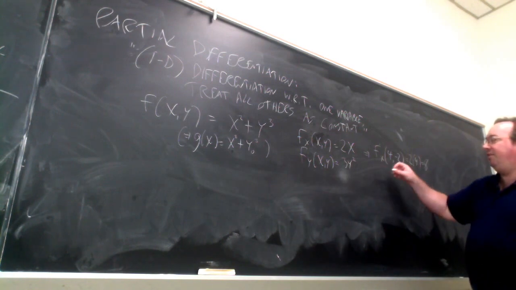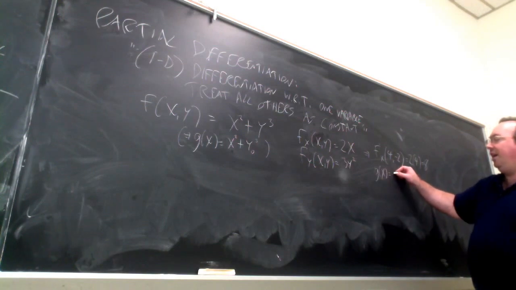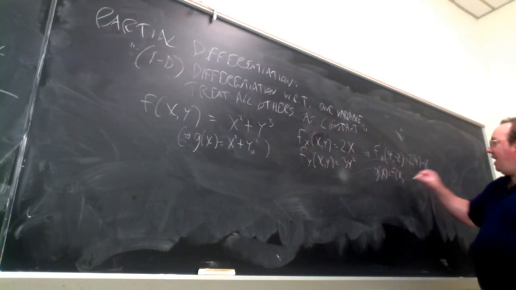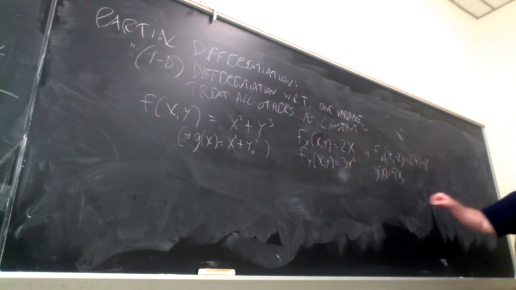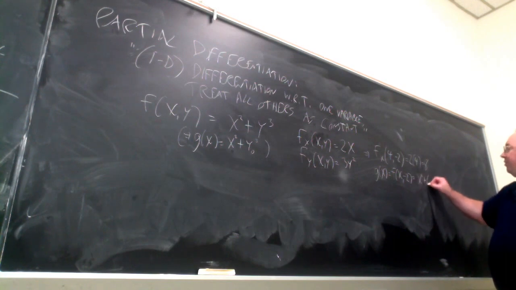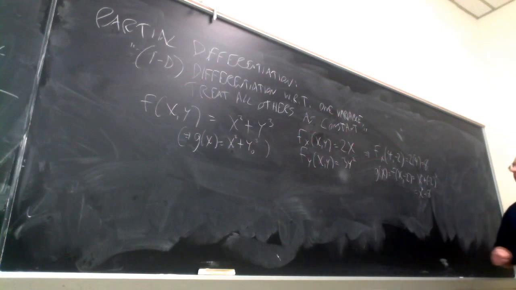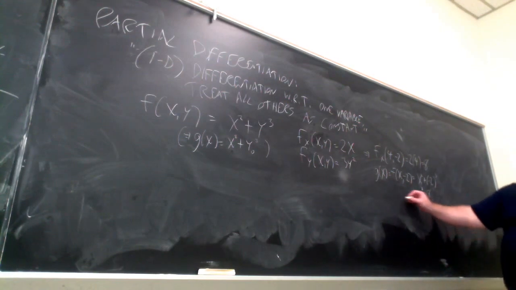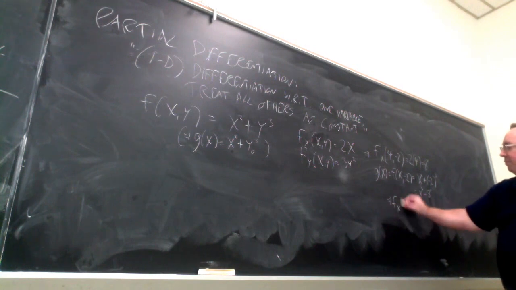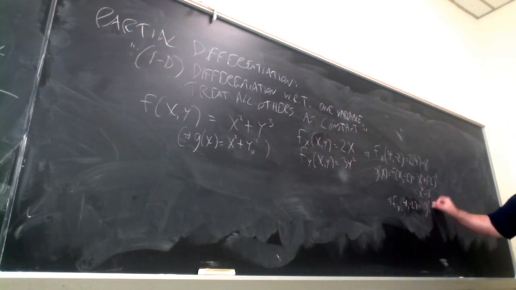The alternative is to define g of x to be f of x with the specific y value plugged in, y equals minus 2, which gives x squared plus minus 2 cubed, so x squared minus 8. Then the derivative with respect to x at this point is the same as g prime of the x value.